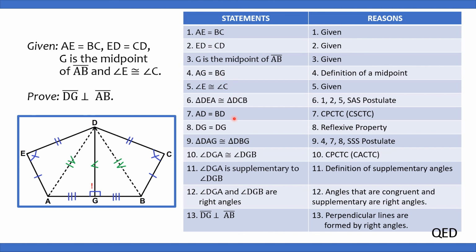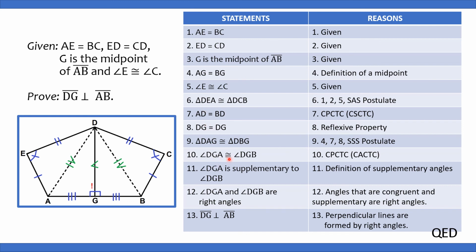AD is equal to BD by CPCTC. DG is equal to DG by reflexive property. And so, triangle DAG is congruent to triangle DBG by SSS postulate considering statements 4, 7, and 8.